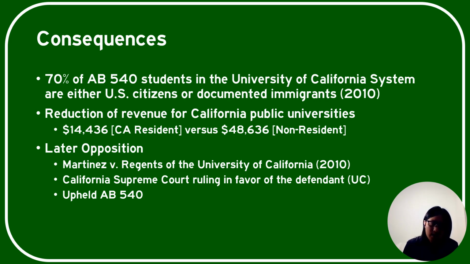But through this, they found that there was a study in that 70% of AB 540 students in the University of California system were either US citizens or documented immigrants. And remember, the key audience of AB 540 was directed towards non-documented immigrants. So if 70% are not in this undocumented group, is AB 540 really hitting the goals that it originally had?